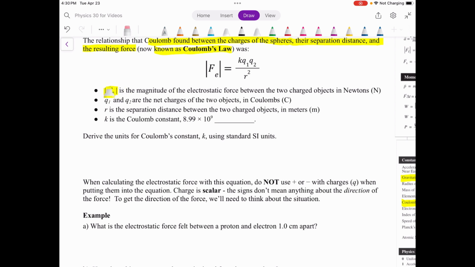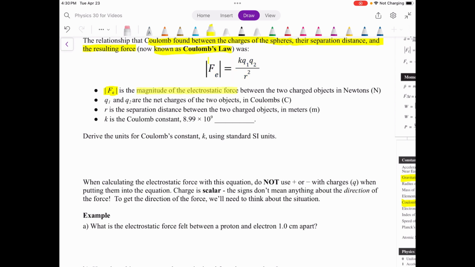We're going to have to think about direction in these cases: if it was a positive charge and a negative charge, which way would it be pulled? Or if it's a negative charge near another negative charge, which way would it be pushed? So this will never give us the direction of the electrostatic force, but it will give us the magnitude, how big it is. But it's not too bad to get the direction from just thinking about it.